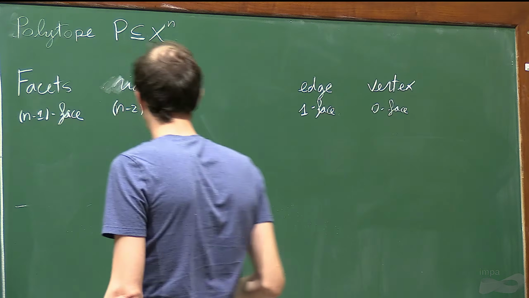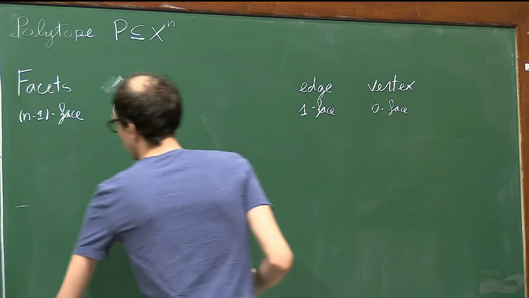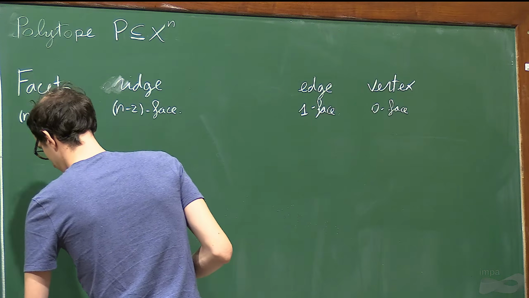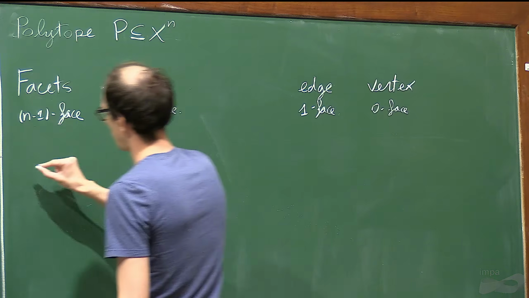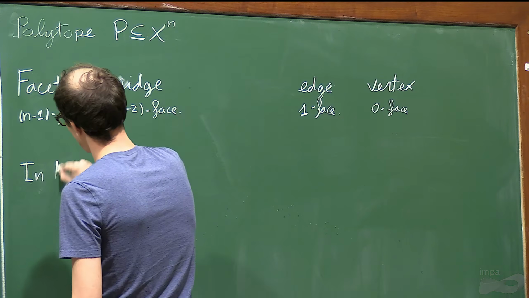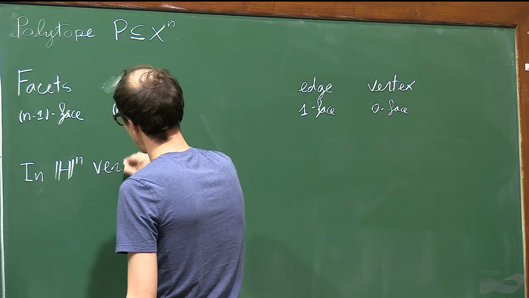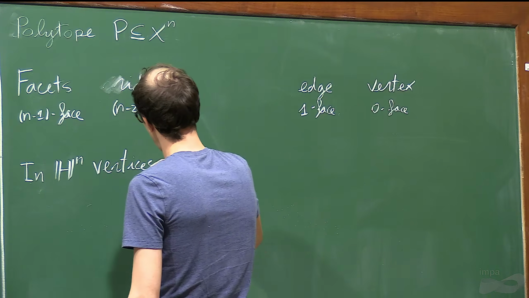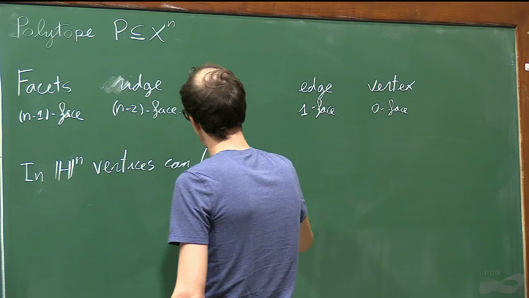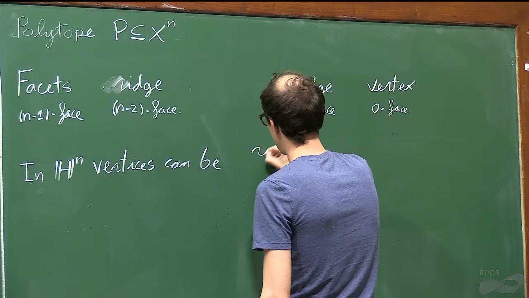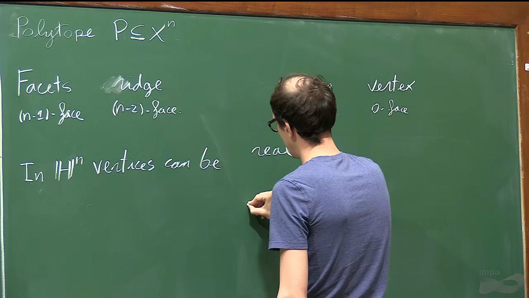So as I was saying before, in the hyperbolic case, vertices can be real or ideal.